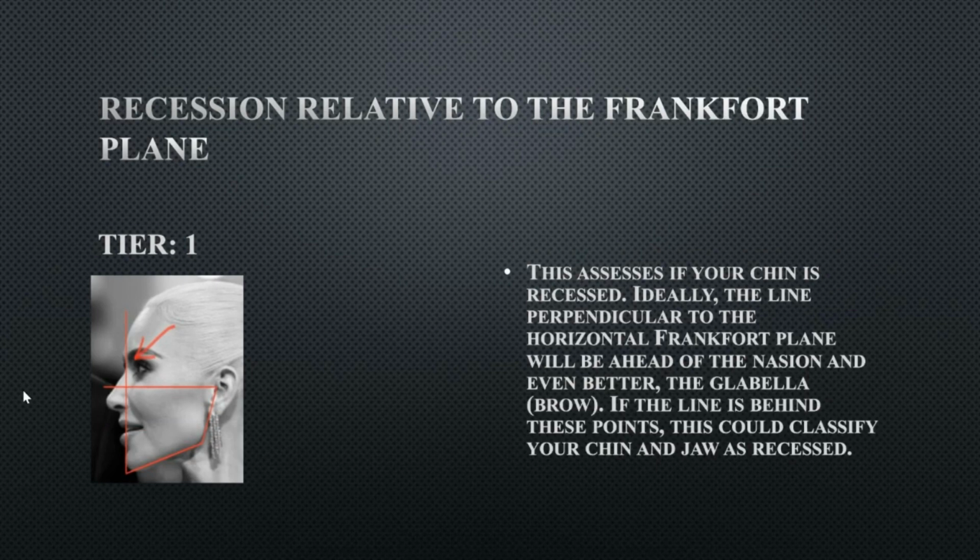Her recession relative to the Frankfurt plane angle measures if you have any jaw recession. Now this is extremely close for Kim, and it literally lines up at her nasion. You want it to be at least past the nasion and past the glabella preferably, but hers lines up, so she does not have any jaw recession, but this is very, very close.